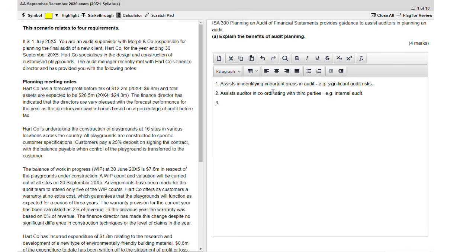So thirdly, it assists in, I think the word in the ACCA is selection of engagement team members with appropriate levels of capabilities. You don't have to say it in that detail, does it? But again, it assists in delegating work to staff who have an appropriate level of experience.